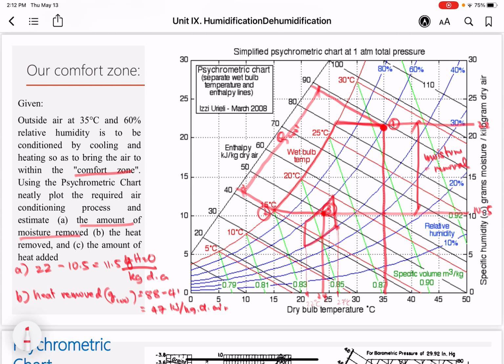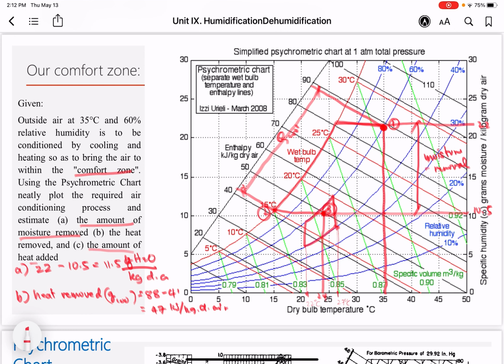Now, we're tasked to get the amount of heat added because you went back to 15 degrees or around. That's actually here. So, 15 degrees centigrade, papunta ka ng 24.